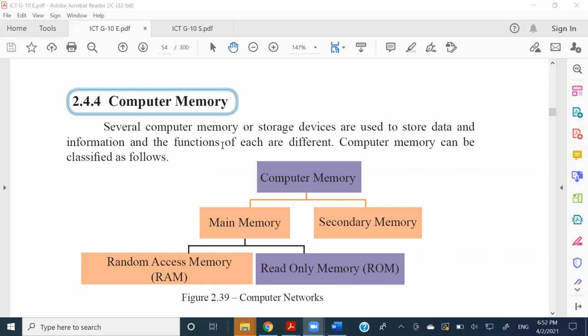Volatile means until voltage is given, right? So in simple words, until the power supply is there, they keep the things in their mind. So those are called volatile memories. When the power supply is gone, whatever they are holding is erased.